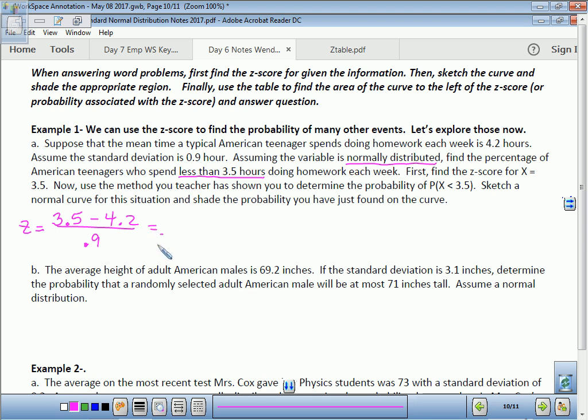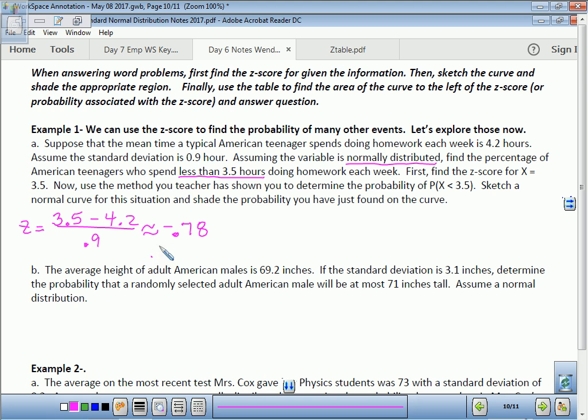And because our normal distribution chart that we're using has 2 decimal places, let's round to the nearest hundredth. And this is negative 0.78 when we round to the nearest hundredth.